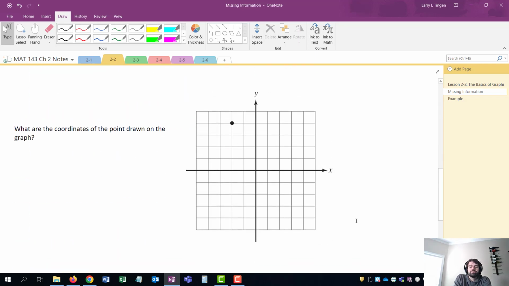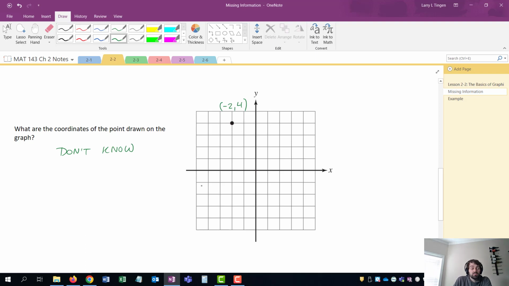In the same way, what is this point? What are the coordinates of this point on this graph? Well, they gave me the graph, and this looks like the point. I move left 2, so that's -2, and then I move up 4. So it looks like -2, 4. Okay, but that's not all the possible answers.